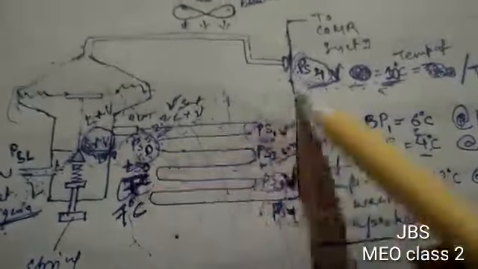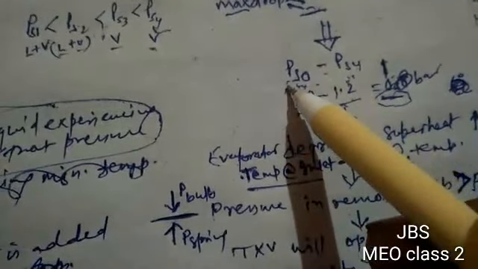Now the difference of the two saturation pressures, PS0 and PS4, should not be more than 0.3 bar. But here PS0 is 2.2 bar and PS4 is 1.2 bar. So PS0 minus PS4, the saturation pressure at the inlet minus the saturation pressure at the outlet, is 2.2 minus 1.2, which is 1 bar.